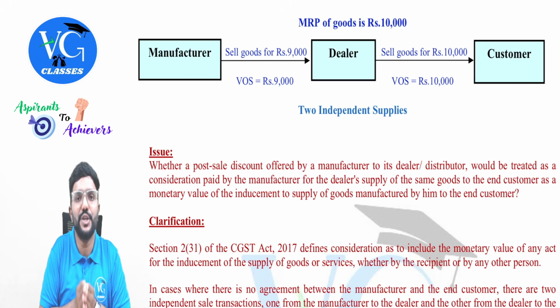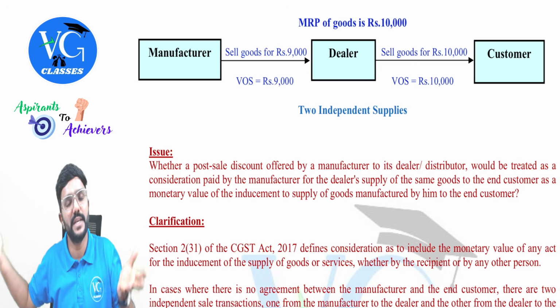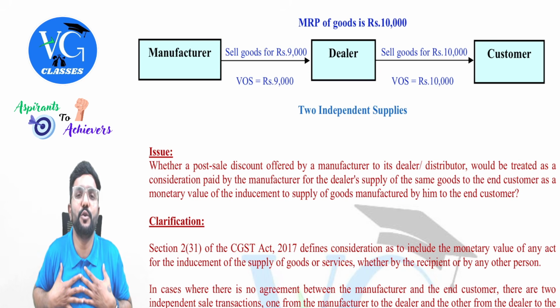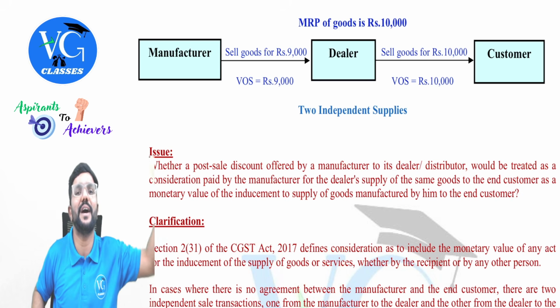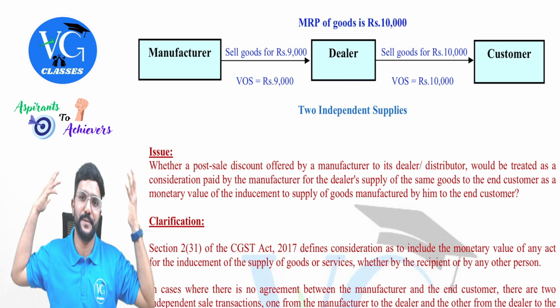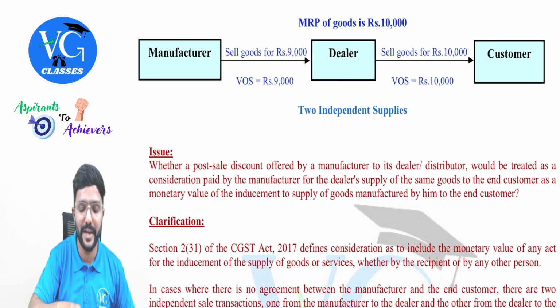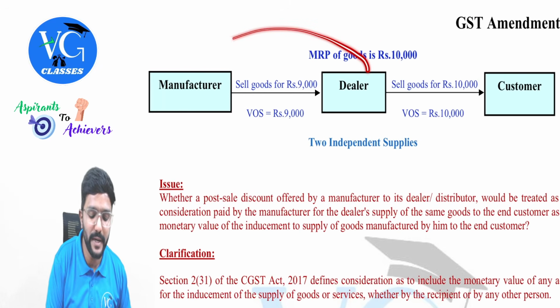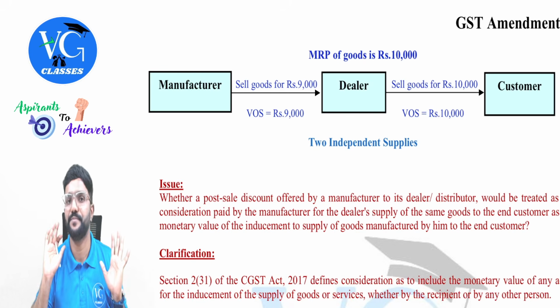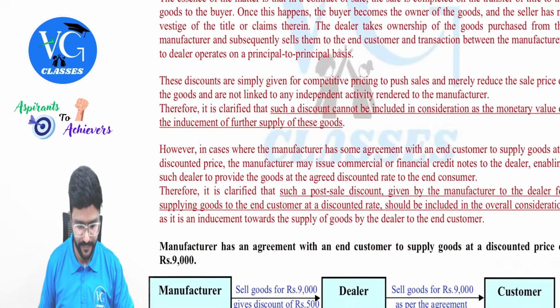And here manufacturer is giving discount only for the dealer to push his sales, which in turn will bring more revenue to whom? Dealer and also to the manufacturer. Both of them will increase their sales. Is that clear? So in simple, there is no separate supply of services from dealer to manufacturer here in order to get discount. Is that clear? Yes.